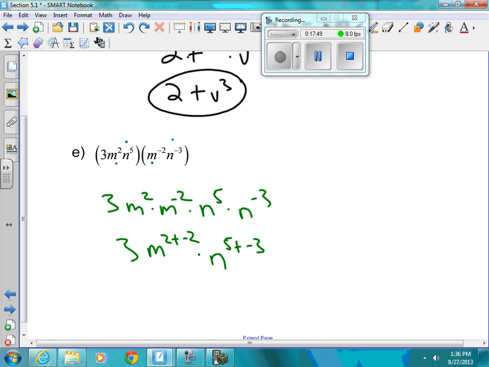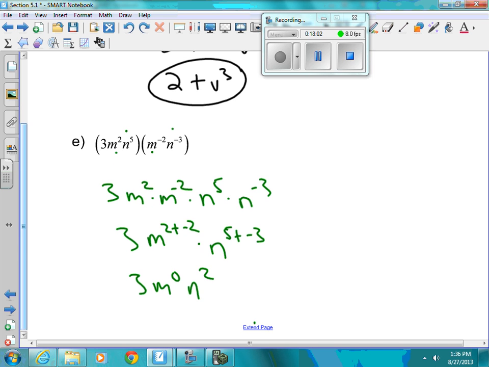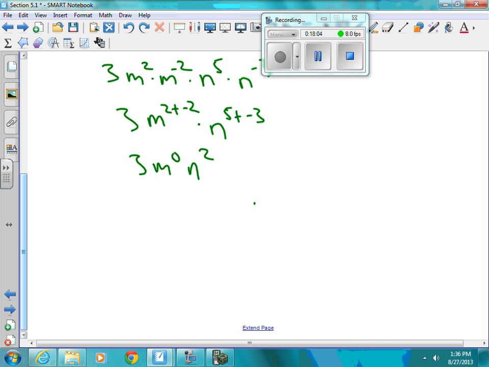Now we just simplify: m to the 0, n to the positive 2. What is m to the 0? Like anything to the 0, it's 1. So this is 3 times 1 times n squared, or just 3n squared.